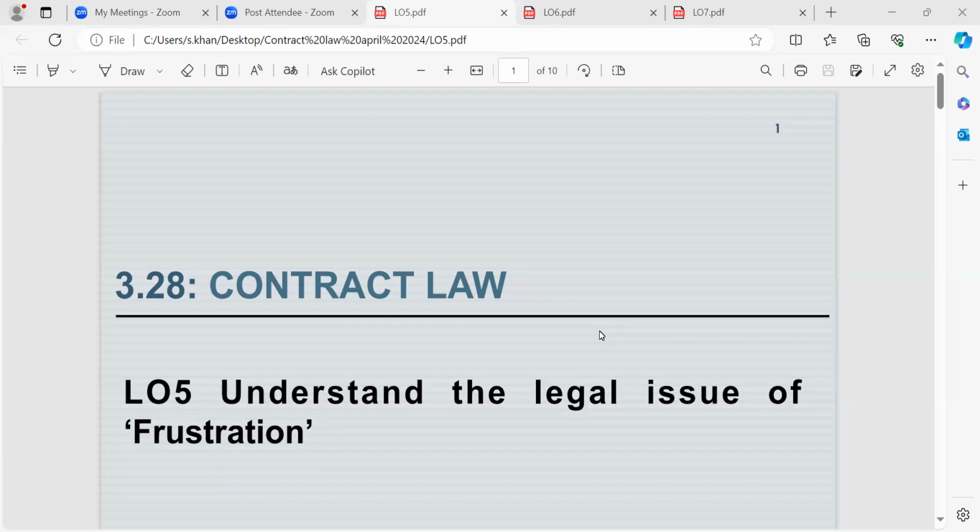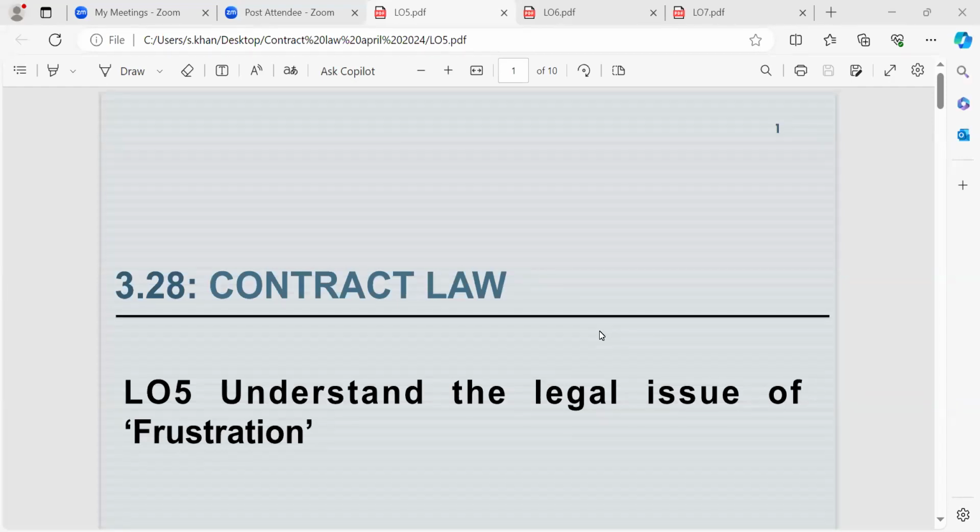We then went on to look at a famous case of Lewis and Avery in regards to unilateral mistake. And then we identified what the court rulings were in regards to unilateral mistake. So we looked at mistake and misrepresentation in learning outcome 4.